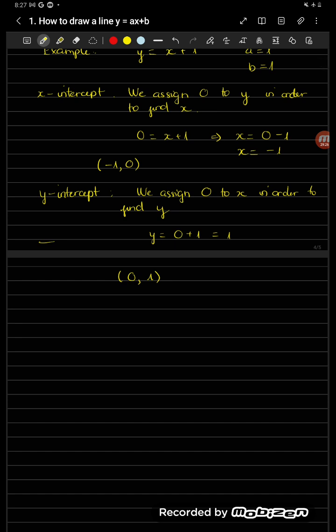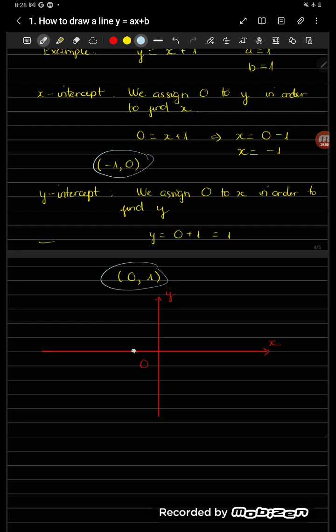Okay, we just draw it. Now we just pick 2 points. -1, 0 here and here. So -1, 0 means x equal to -1 and y equal to 0.